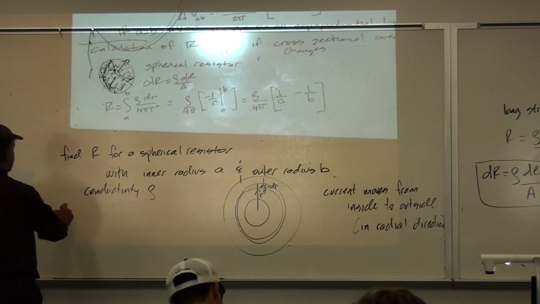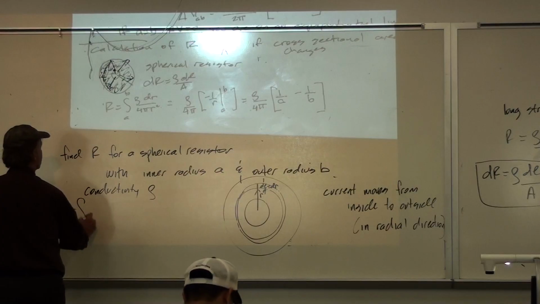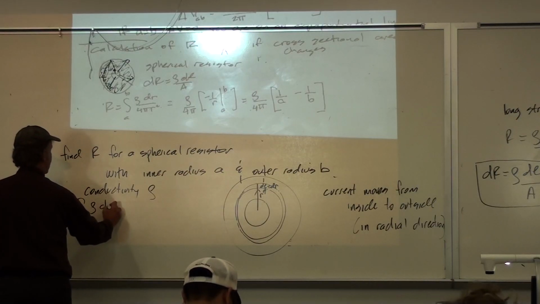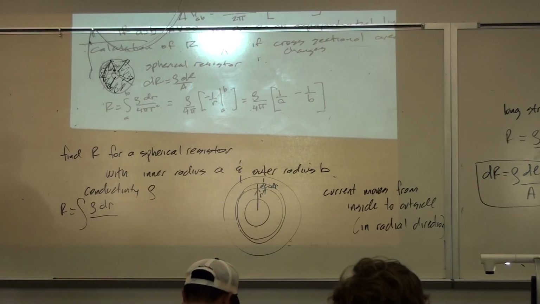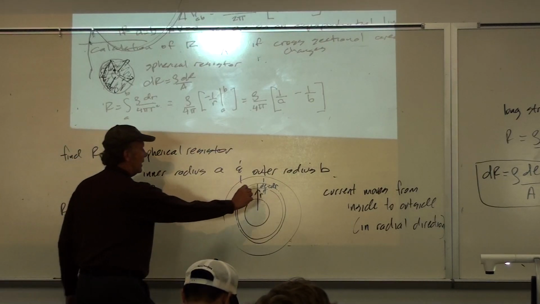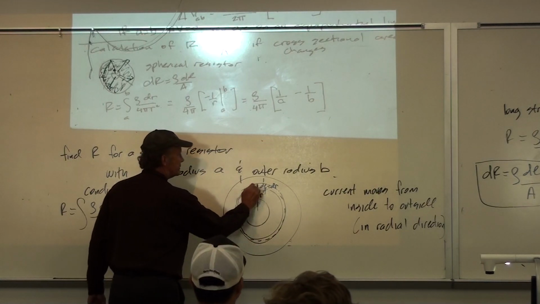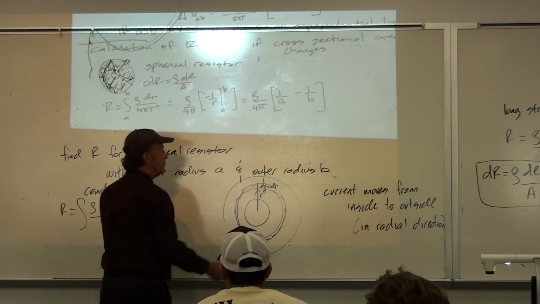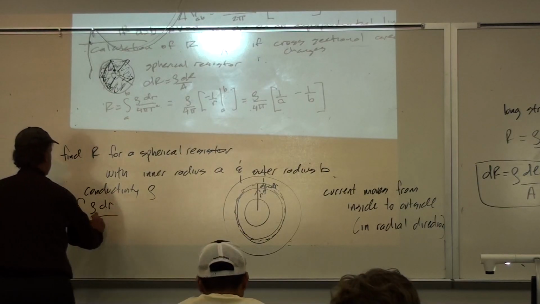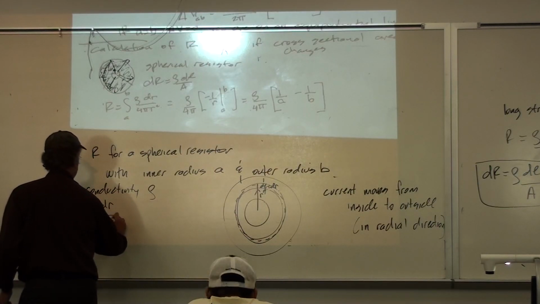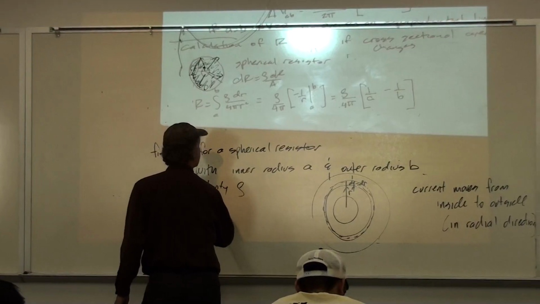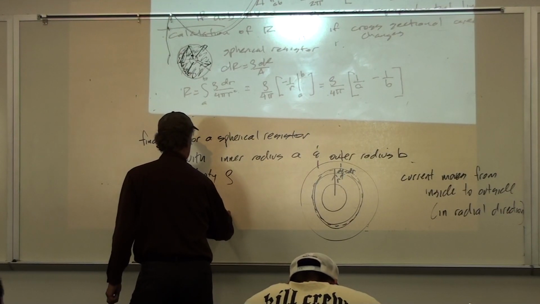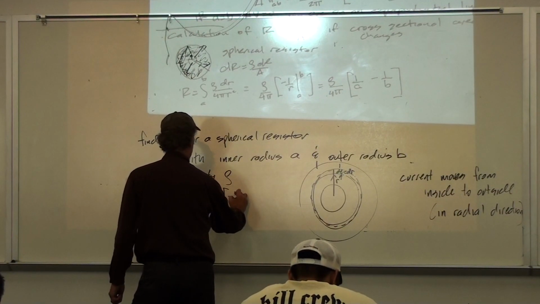Okay, and so we could write our resistance as the integral of rho dr over, and now because it's a full-on sphere, the area of that surface is the area that the current is moving through as a function of r. So that's going to be 4 pi r squared, the surface area of a sphere. And so that gives us rho over 4 pi times minus 1 over r.